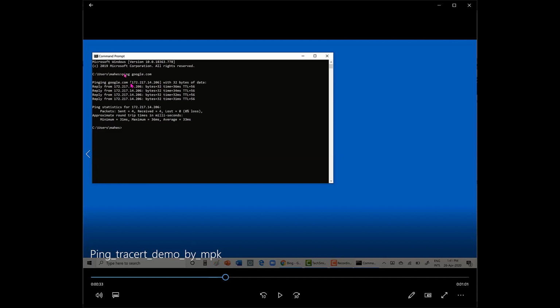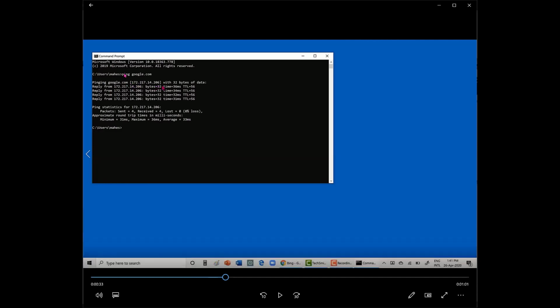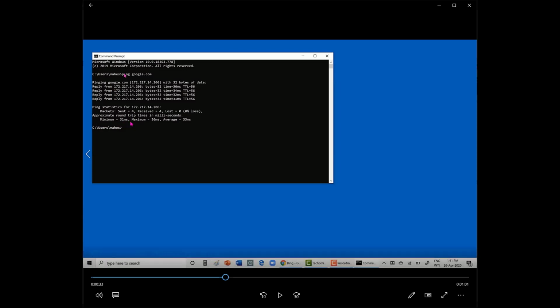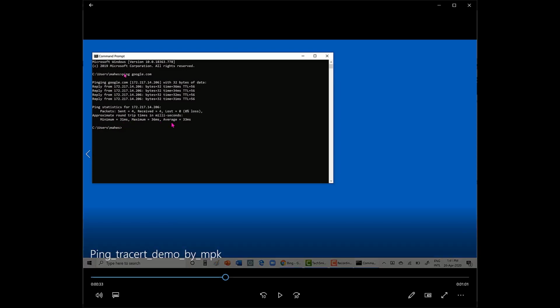This is the IP address of google.com, and it went through certain gateways from this to this to this to this, and eventually we were able to contact the google.com server in 31 milliseconds, right? So this is a ping command.